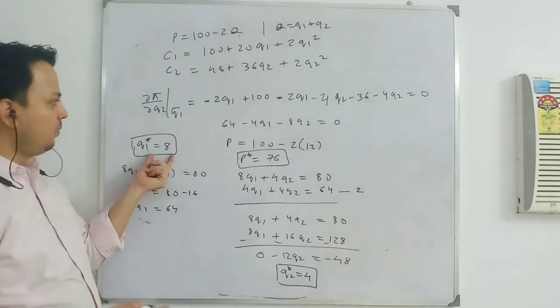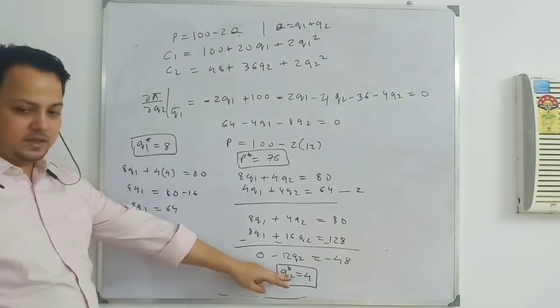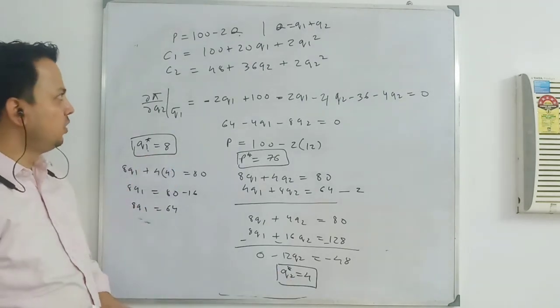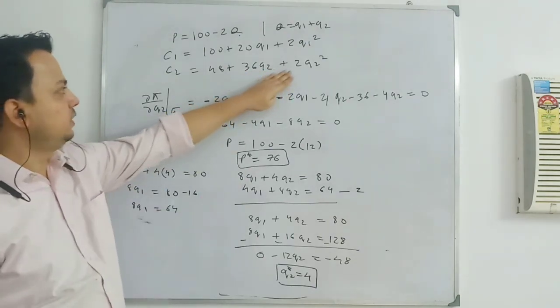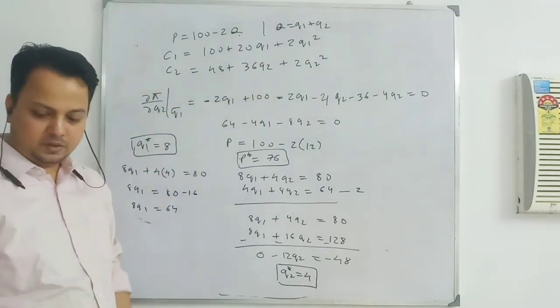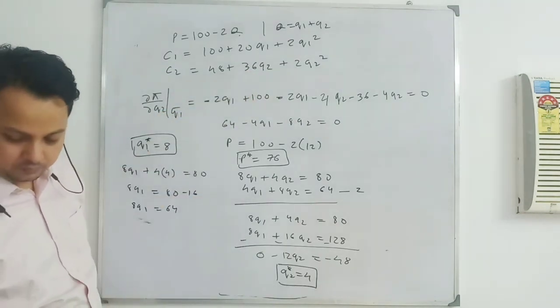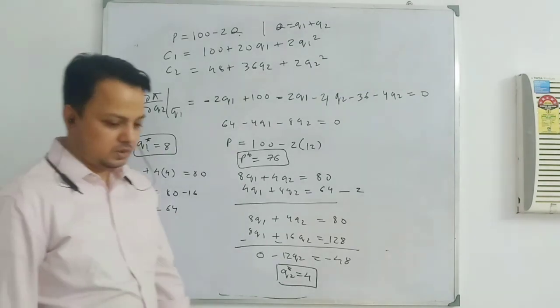The output of the firm whose cost is lower is 8, and the output of the firm whose cost is high is 4. Okay, you can look at the cost curve. Firm 2's cost is high, you can look at it. Clear, everyone? Okay, so here I stop.